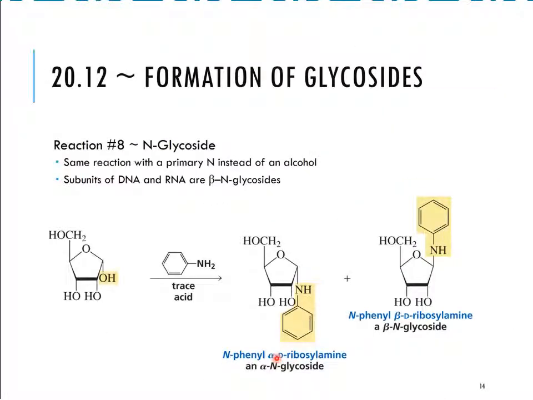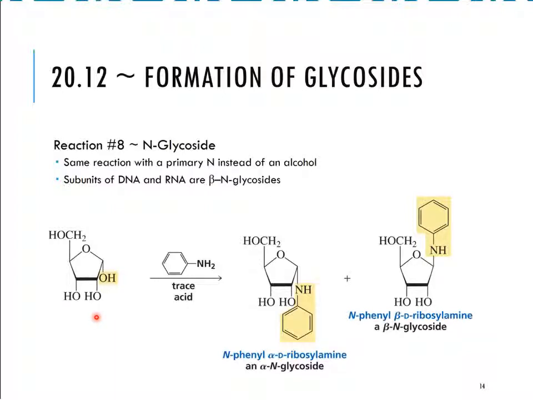Now we can also react our cyclic carbohydrates with a primary amine instead of an alcohol. This is a very specific example, but we do have a cyclic carbohydrate here, and we have a primary amine. Just like the previous reaction, it could have been a pyranose or a furanose.